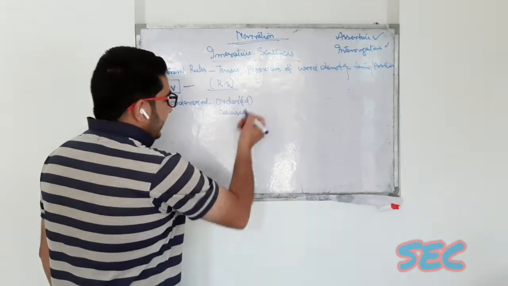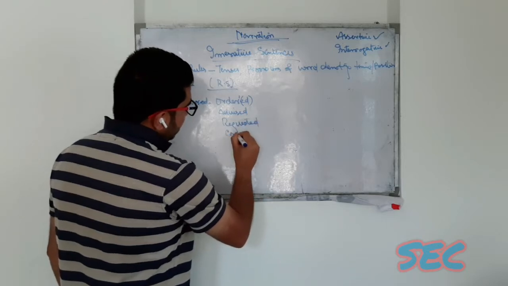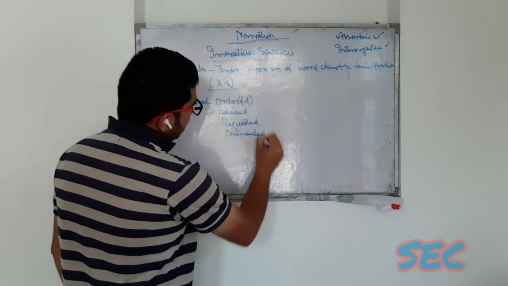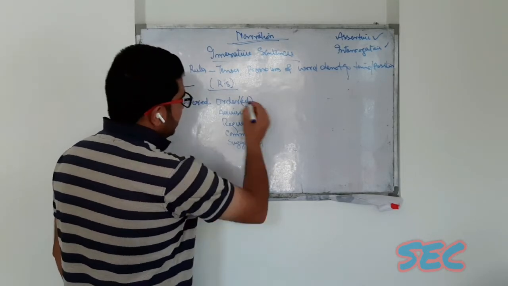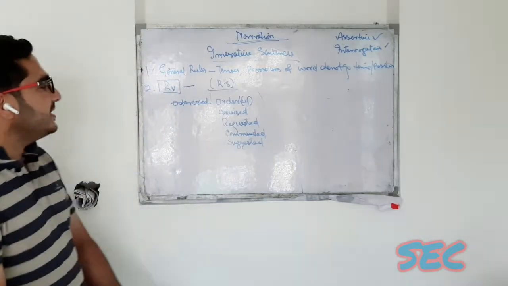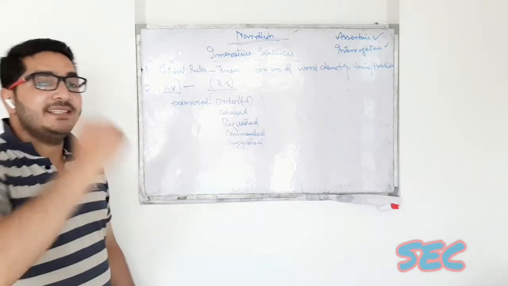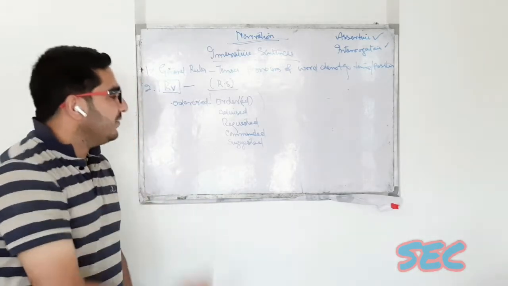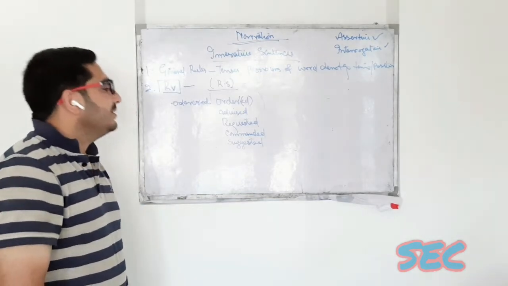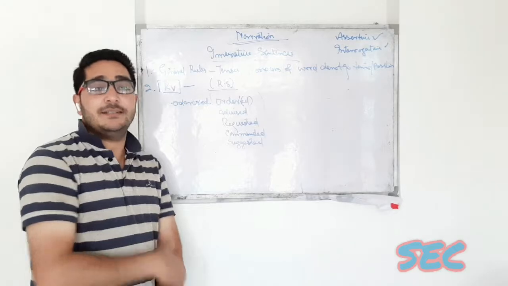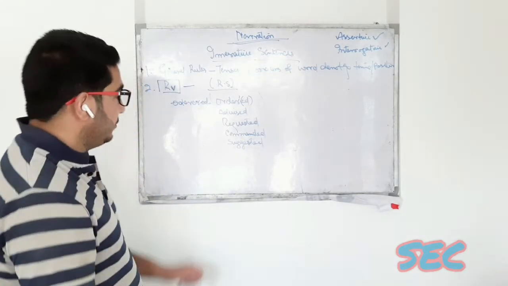So ordered, advised, requested, commanded, suggested, etc. So the reporting verb is changed into ordered, advised, requested, commanded, suggested, proposed, told, etc. Told, yes, that is also correct.